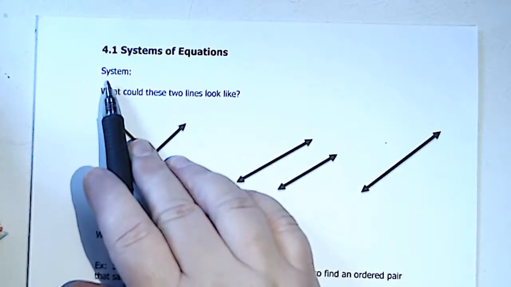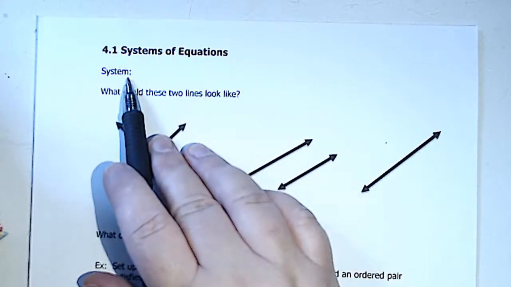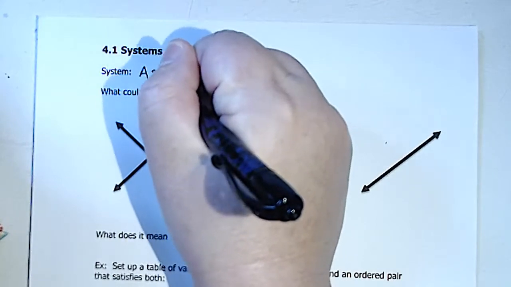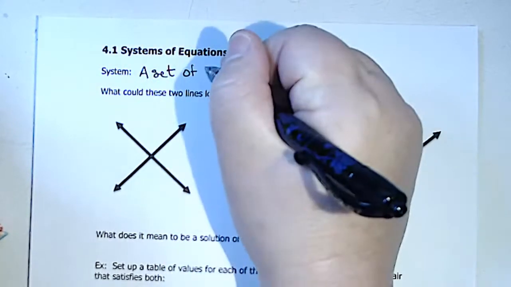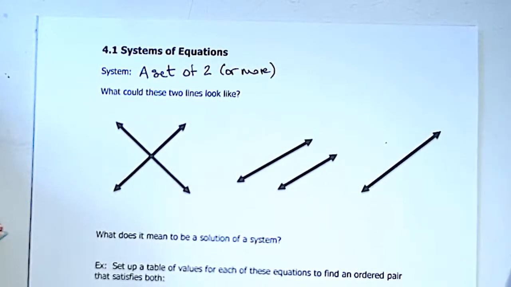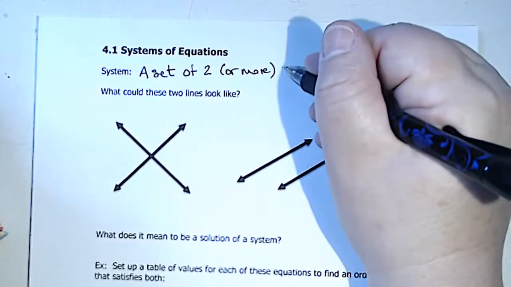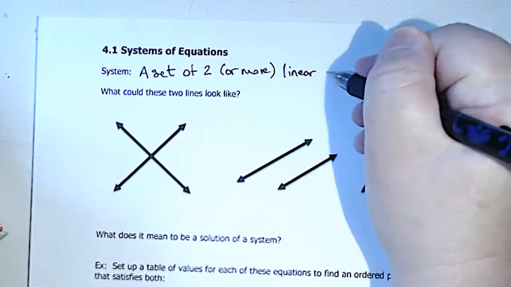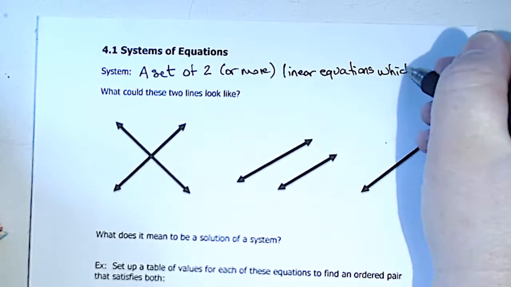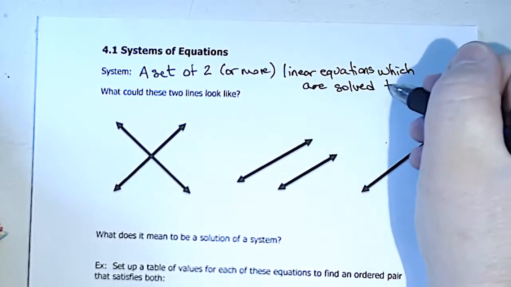So first off, I want to talk about what a system is, because right off the bat I say systems of equations. And for our purposes, a system is a set of two, and then I'm going to write in or more, because you can have larger systems than this, but we're going to say a set of two lines or linear equations which are solved together.